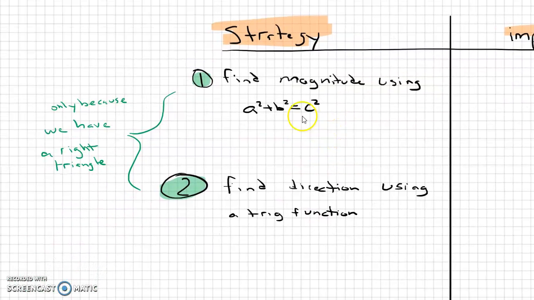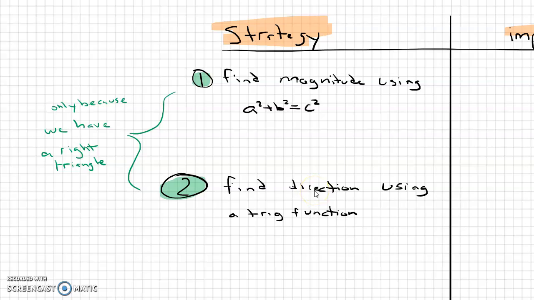And that'll find us the magnitude. Now, it's often forgotten in these, but you have to remember that a vector has both magnitude and direction. So to fully develop this vector, we do need its direction as well.